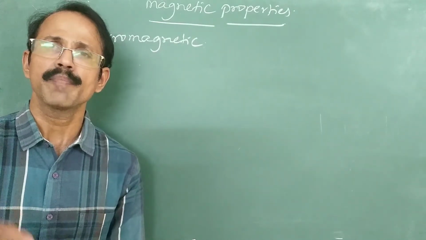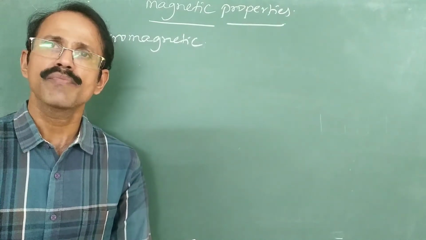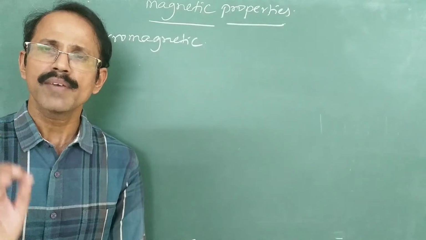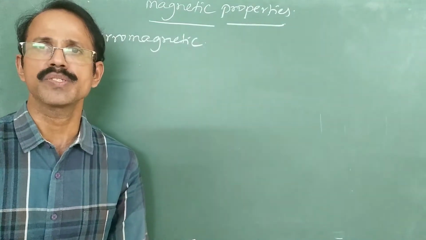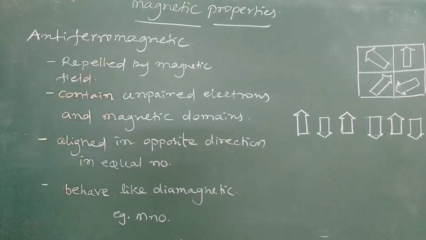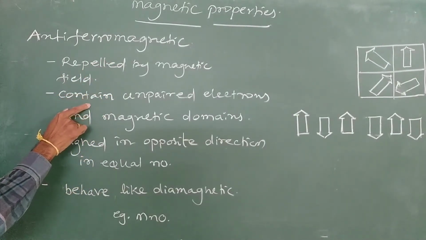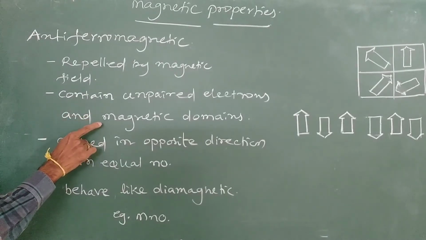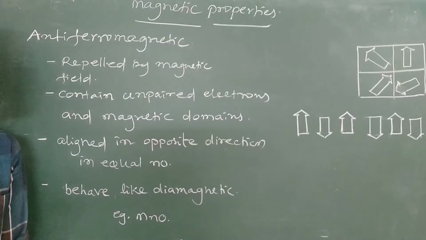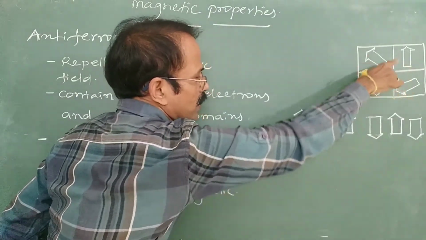That means antiferromagnetic substances are expected to be ferromagnetic, but they behave like diamagnetic substances. Antiferromagnetic substances are repelled by the magnetic field. They contain unpaired electrons and magnetic domains, just like ferromagnetic substances, but the alignment is in different directions.